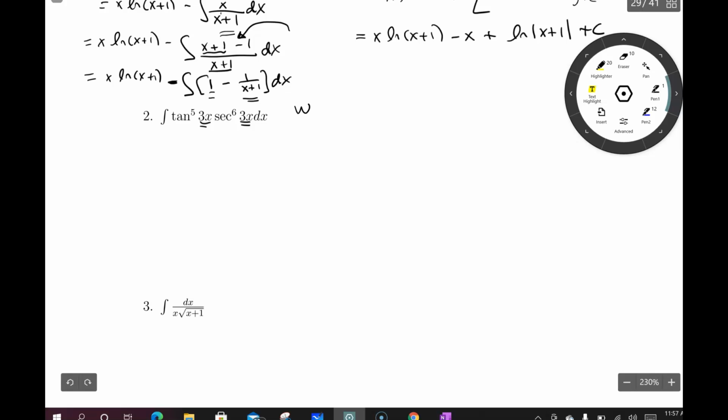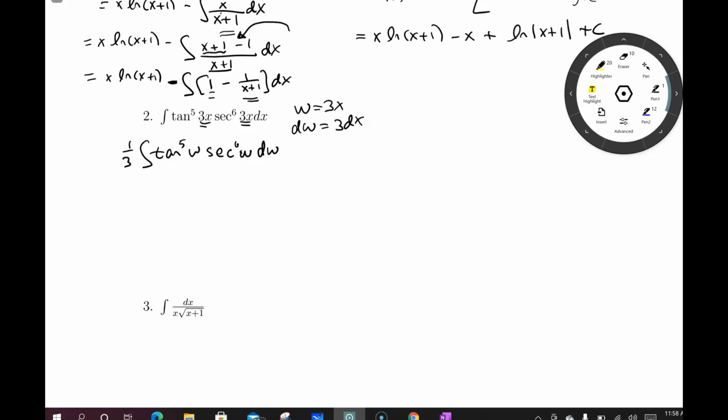All right, looking at this one here, I can see that I've got a number inside the angle. So I am motivated to do what I just called my w substitution. So I have 1/3, and I'm rewriting this thing in w's. Okay, let's make that a little neater. Now I'm thinking about my tan secant combination.